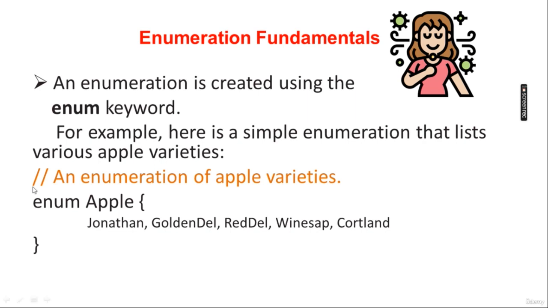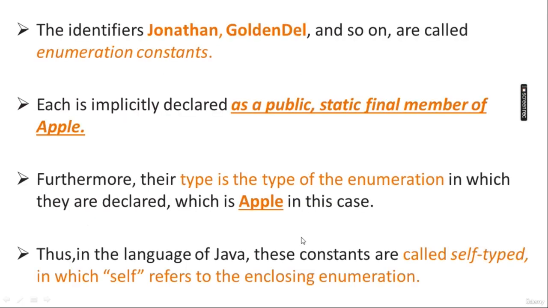Whatever constants we write inside the opening and closing curly braces after enum and the enum name are called constants. Each is implicitly declared as a public static final member of Apple. You don't have to write it explicitly, but it is implicitly declared as a public static and final variable of the enumeration Apple.